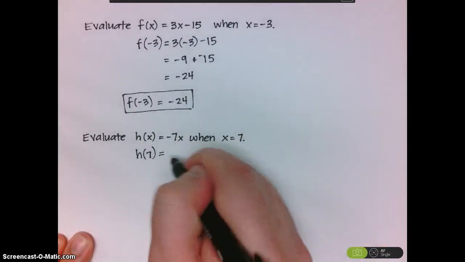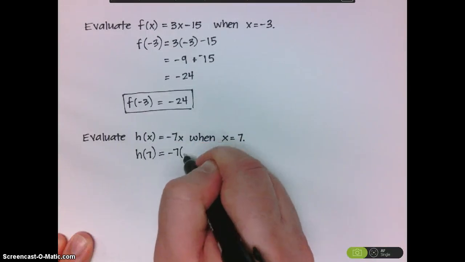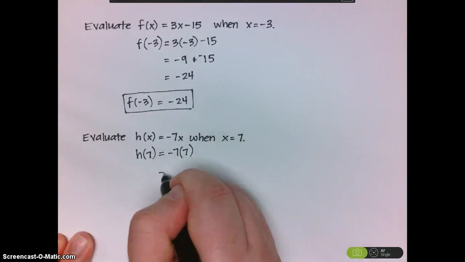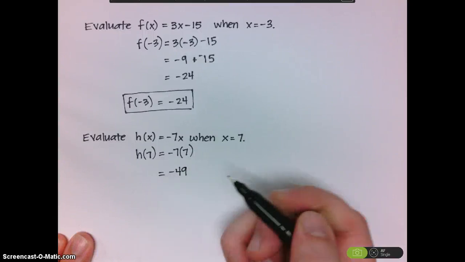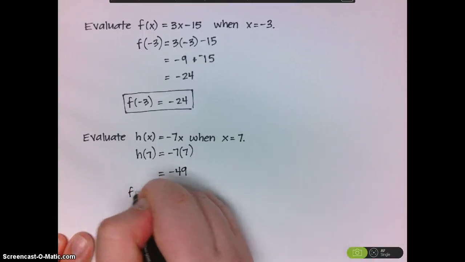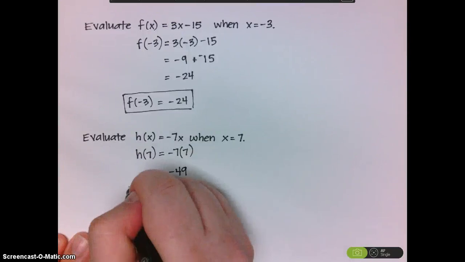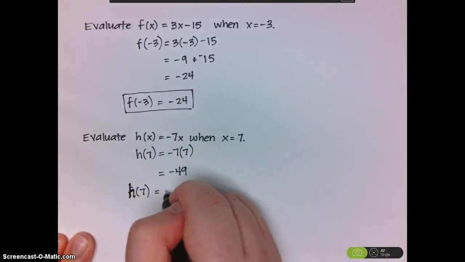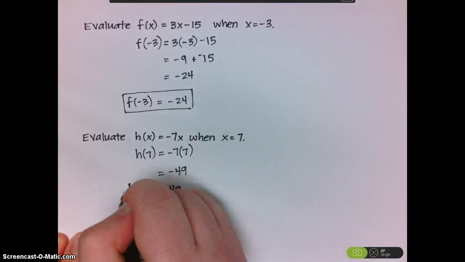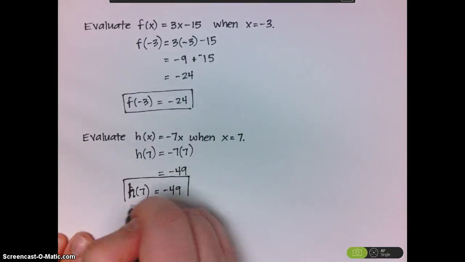So let's plug it in. That equals negative 7 times 7. Oh, I know this. That's going to be negative 49. And look at that, I'm already done. So I'm going to rewrite my answer by saying the function h of 7 is equal to negative 49. And I'm done.